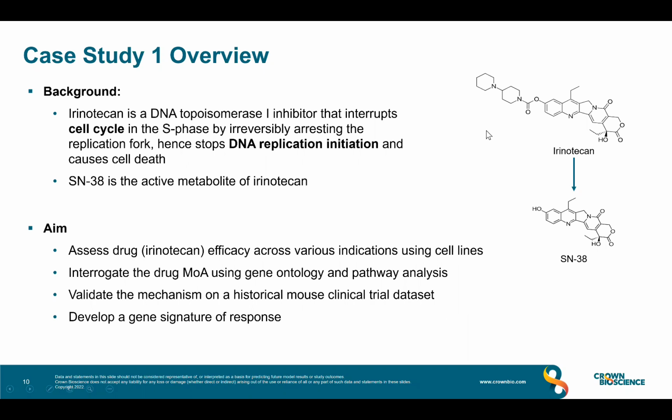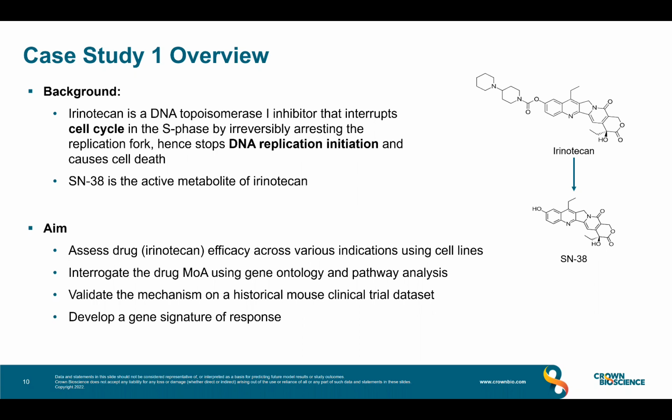Irinotecan is a DNA topoisomerase 1 inhibitor that interrupts the cell cycle in the S phase, so it stops DNA replication initiation and causes cell death. SN38 is the active metabolite of irinotecan.